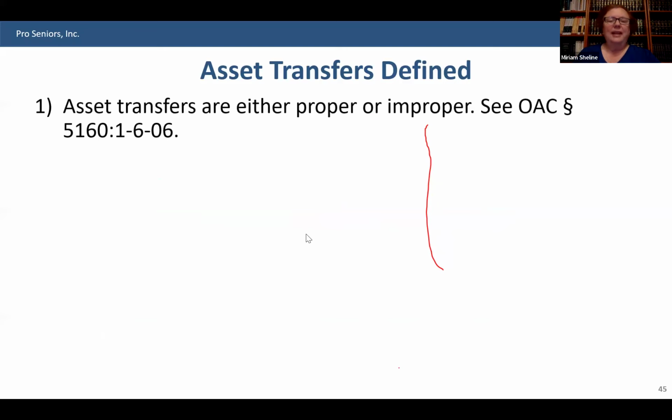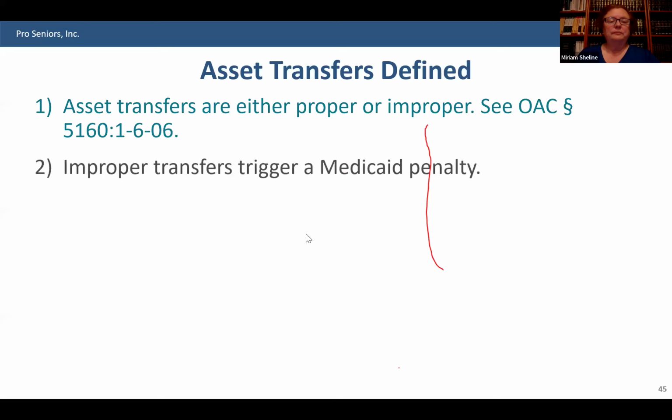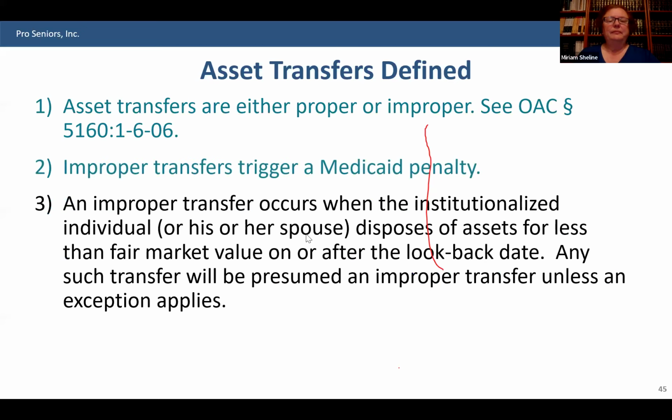So not all asset transfers are improper. Some are proper, some are improper. If it's an improper transfer, you're going to end up with a Medicaid penalty. An improper transfer occurs when either the IS or the CS dispose of assets for less than fair market value on or after the look back date.